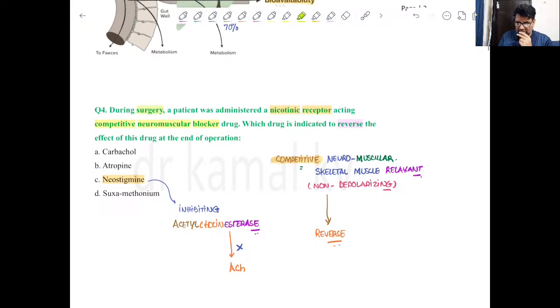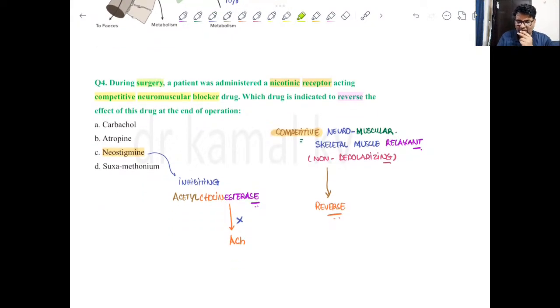Okay, so this is how we reverse the action of competitive neuromuscular blockers by giving neostigmine, which will inhibit the acetylcholinesterase enzyme, and this is one enzyme which is actually needed for breakdown of acetylcholine. So if we inhibit this enzyme, obviously we'll be inhibiting breakdown of acetylcholine, and the level of acetylcholine will increase at the synapse, right?